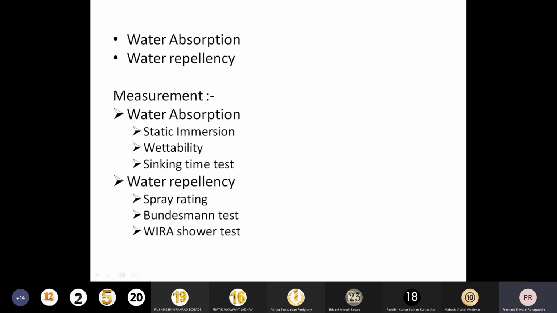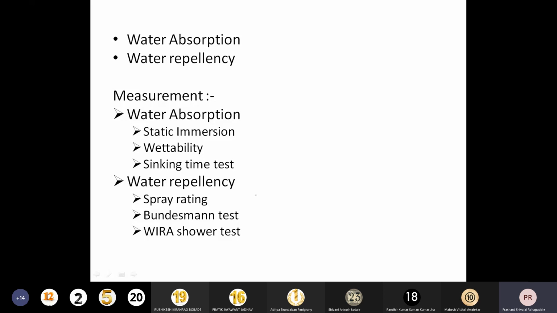Now to study this water absorption, we have to do certain tests. Out of that, first is your static immersion. Another test is wettability, and another is the sinking time test.